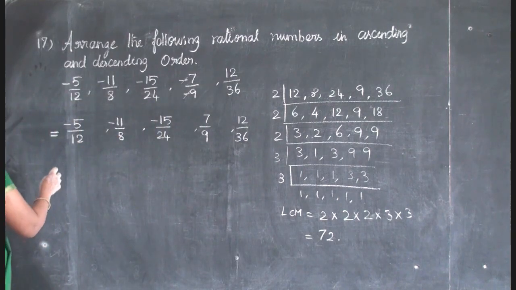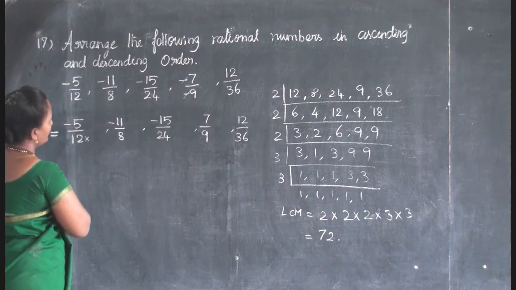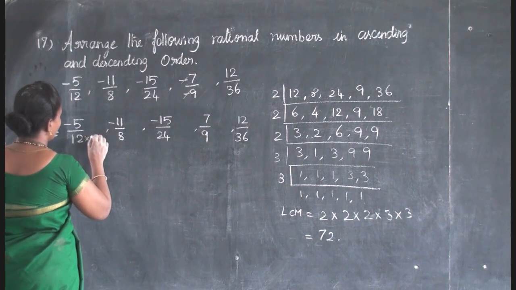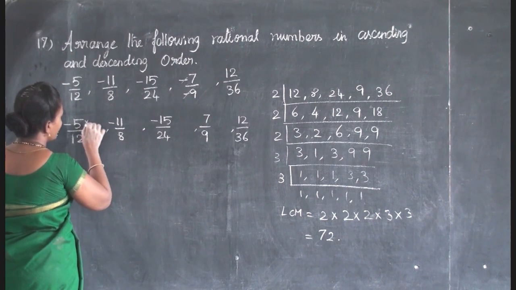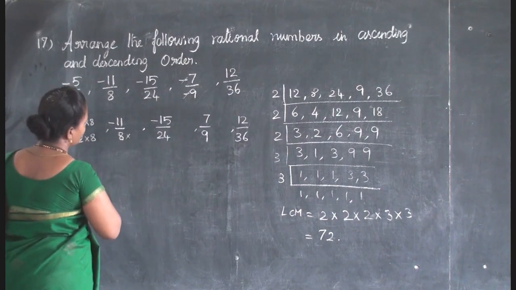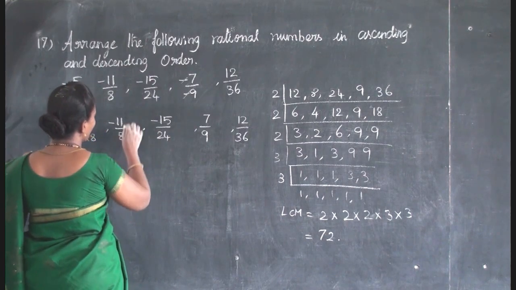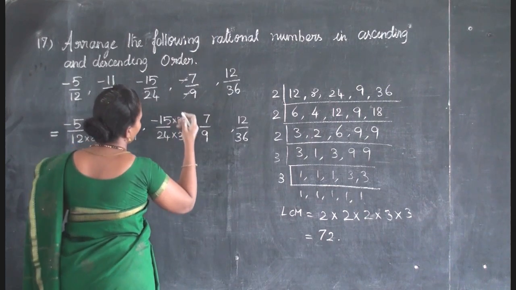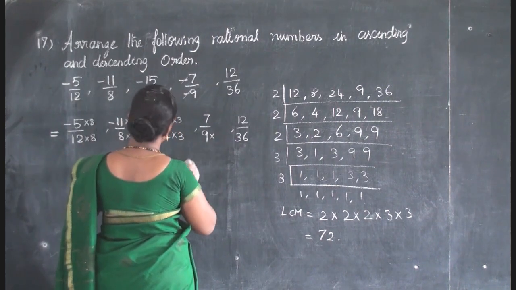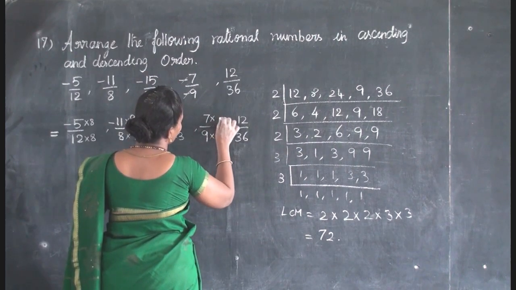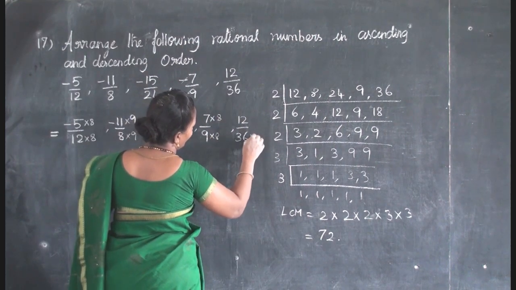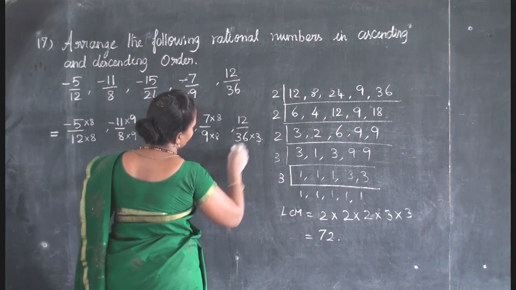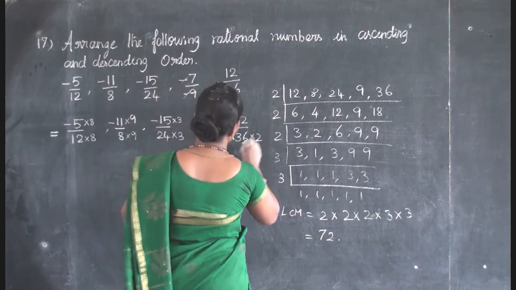What's the LCM there? 72. 12 6s are 72. 8 9s are 72. And 24 3s are 72. So multiply the numerator also. 9 8s are 72, so multiply by 8 here also. 36 2s are 72.